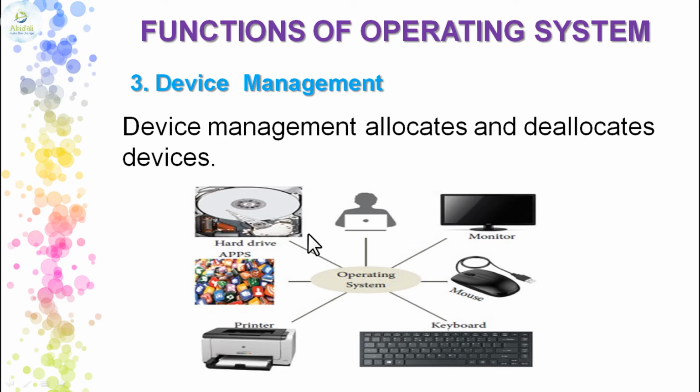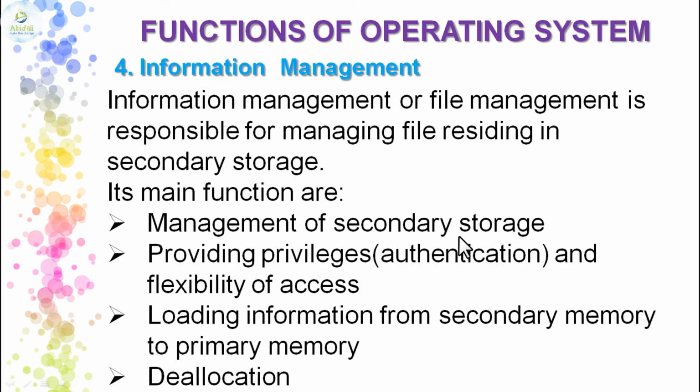Okay, so it involves providing memory space for the user, for the application programs, for the hardware, that is hard drives, printers, keyboards, mouse, monitor. All this is concerned with device management. So the operating system should know what devices are connected to the system so that it can communicate and take the information or give the output to the required person.